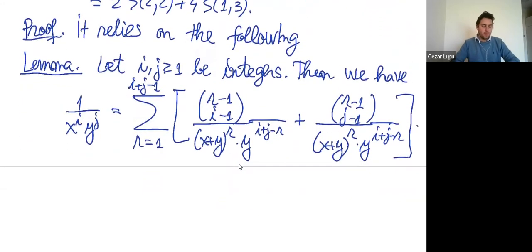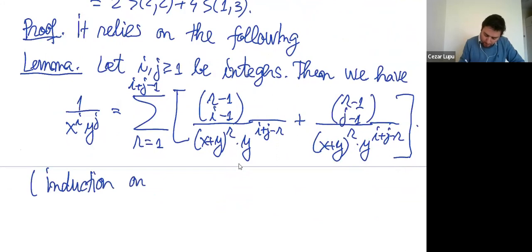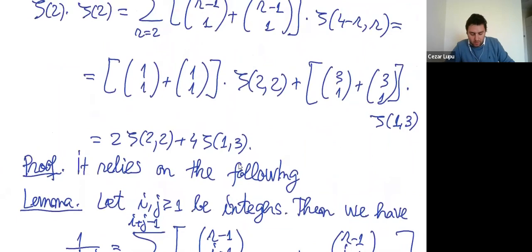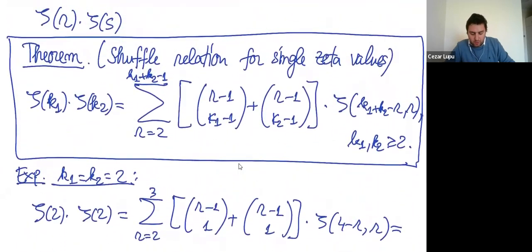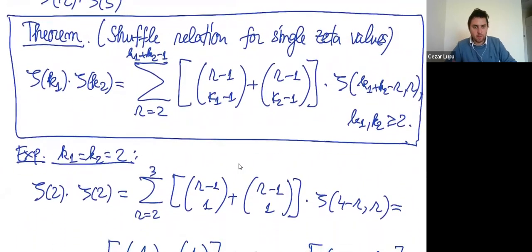You will see where the binomials come from. So you can prove this by induction on i and j, right? So you do induction on both of them. And then you just take the sum. So the shuffle relation will follow immediately.